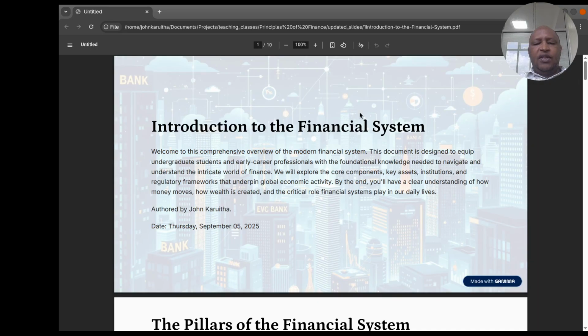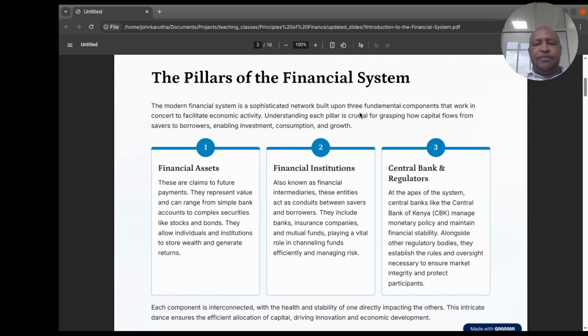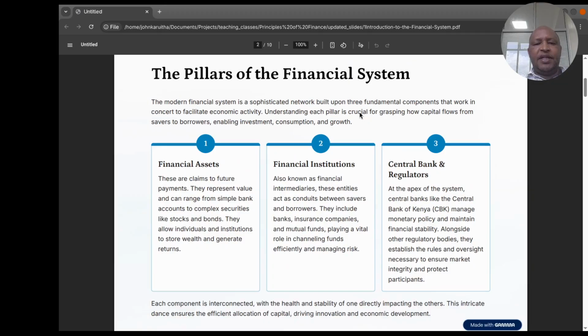So what are the pillars of the financial system? Any financial system is made up of three components: financial assets, financial institutions, and regulators. We can look at each one of them in turns.